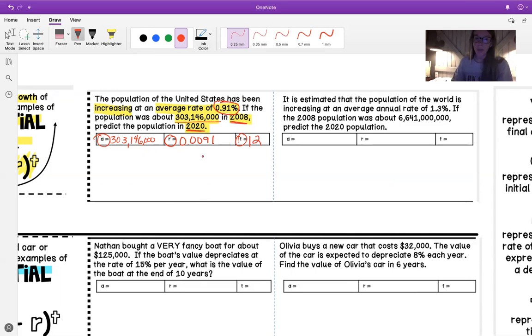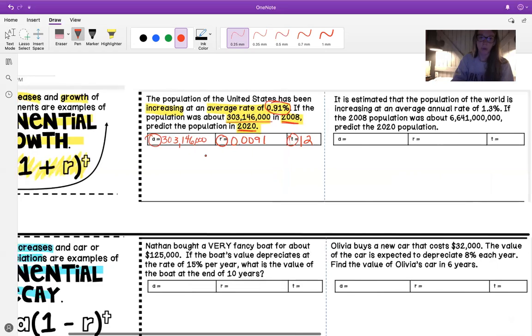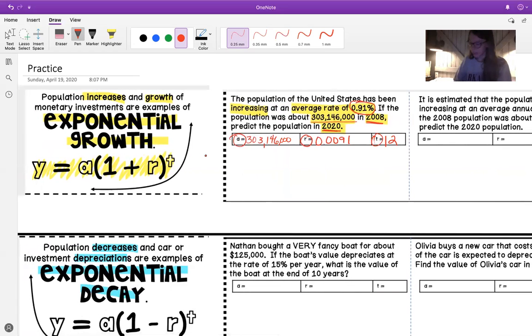Now that we know all of our values, we can plug those into our equation. So Y is what we're solving for, and then our A is 303,146,000, times 1 plus R, which is 0.0091, to the T power, which is 12.